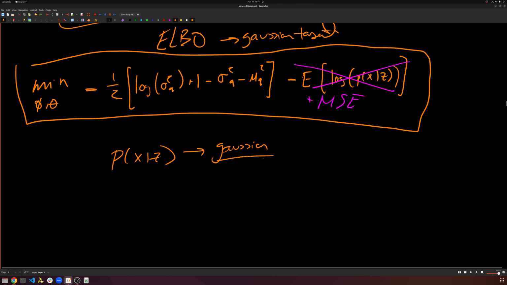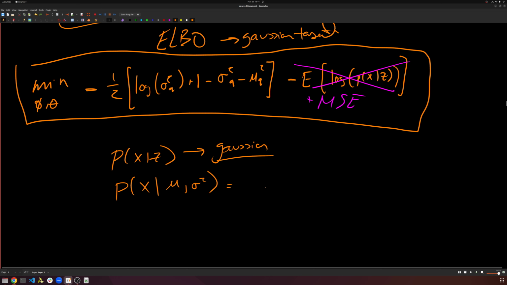This is another assumption made by the variational autoencoder, that this is a conditionally Gaussian distribution. So this means that really we're doing probability of x given mu and sigma squared, because we know z is Gaussian, so we're sampling x given a Gaussian distribution.